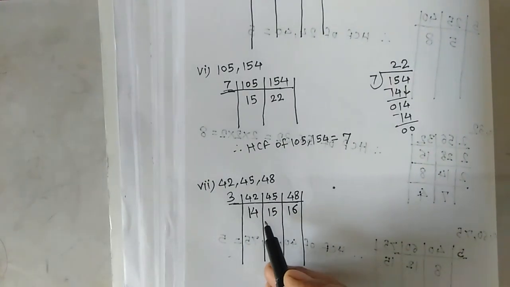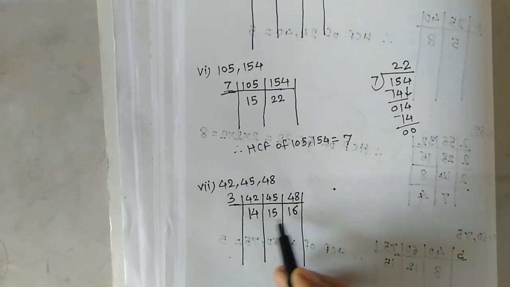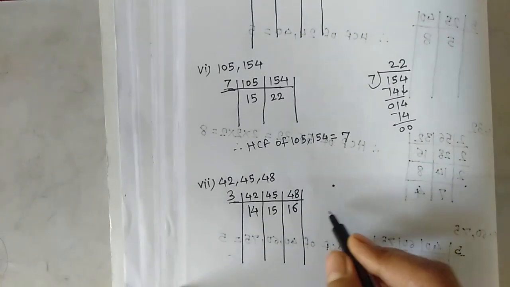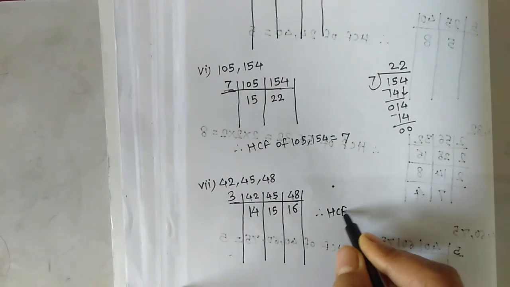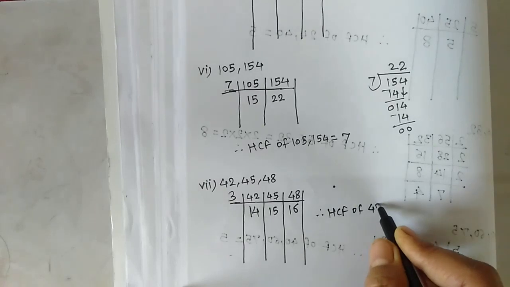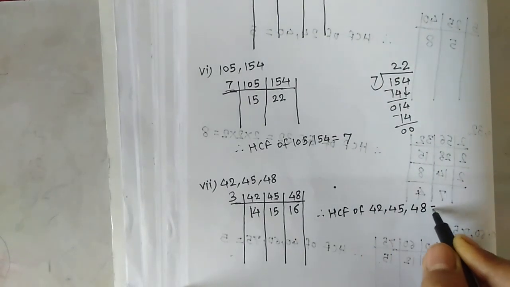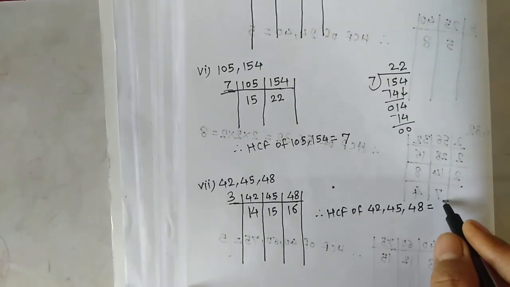See all the students, these numbers are consecutive numbers, so they are co-prime numbers, so they don't have any common factor. So therefore GCF of 42, 45 and 48 is equal to 3.